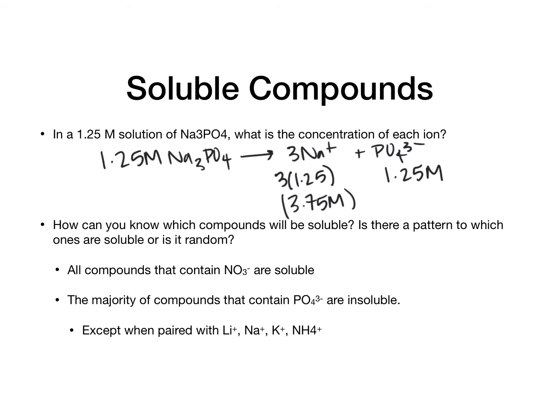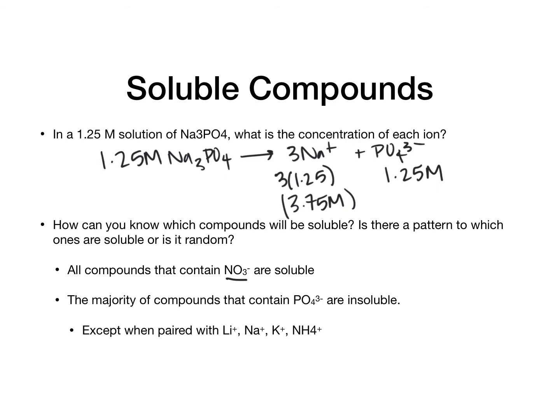So how do you know if something is soluble? Is it random? The easiest way to know is that you just dump your chemical in some water and hope for the best. Or is there a pattern? It turns out that there's a pattern, and it matters what the counter ion is. For some compounds it matters how they are mixed together, and for some it matters what the other components are. Any compound that contains a nitrate ion is soluble, all of them. Across the board, there are no exceptions to that.